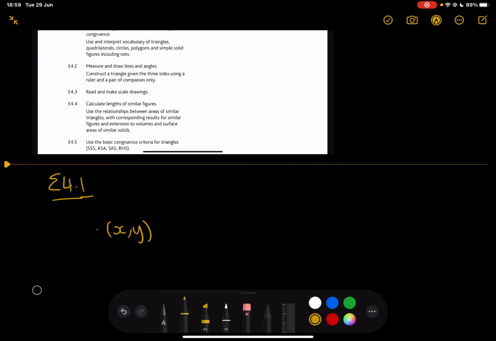This is because it's on a 2D plane. So let's say that's the point. We know that this is the x-axis and this is the y-axis. And so this is x1, this is y1. Therefore, the point lies on the plane at (x1, y1). We know that.